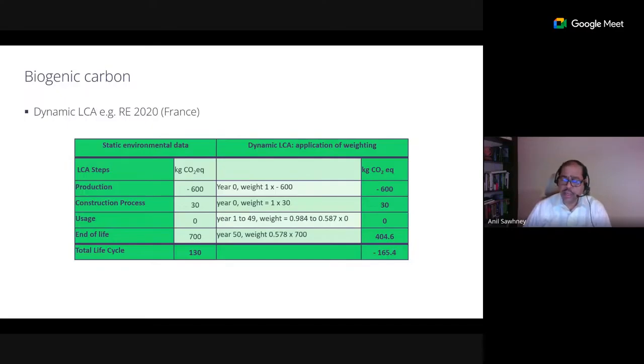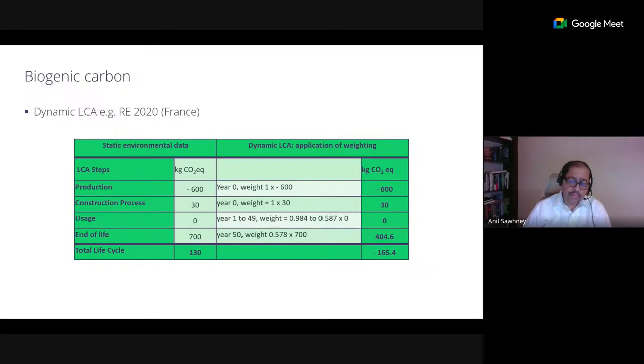So I'm looking at the left-hand side of the table, which does the static LCA, which is what our standard does. Through the entire life, let's say 60 years or whatever number of years are allowed in France, there's no other emission coming from that element, the timber beam.